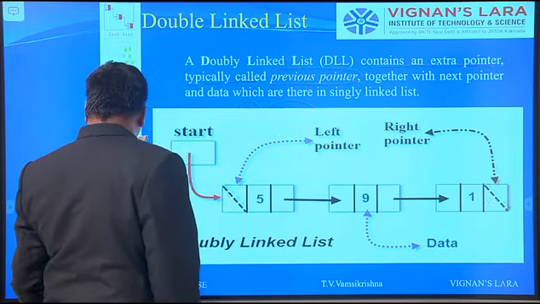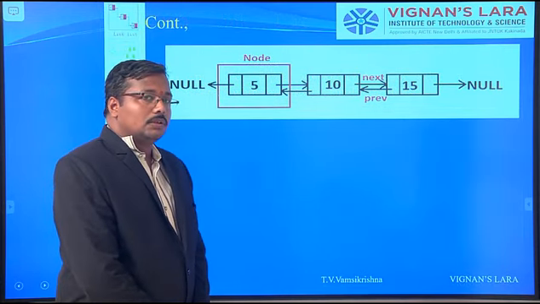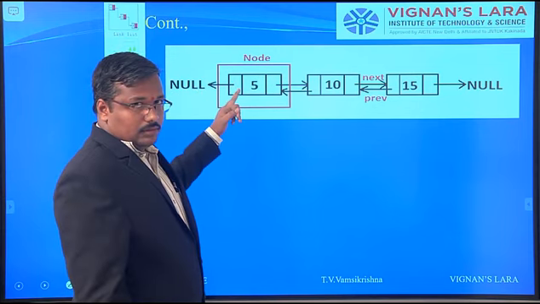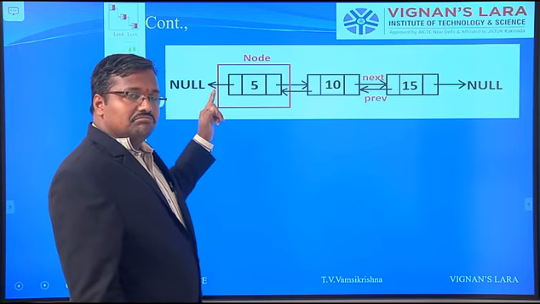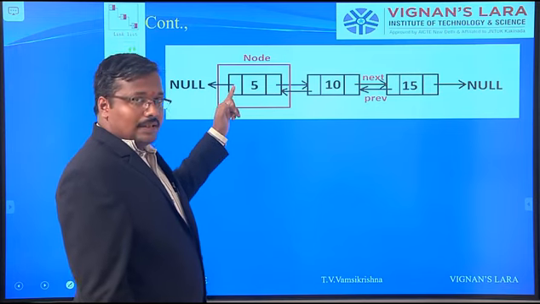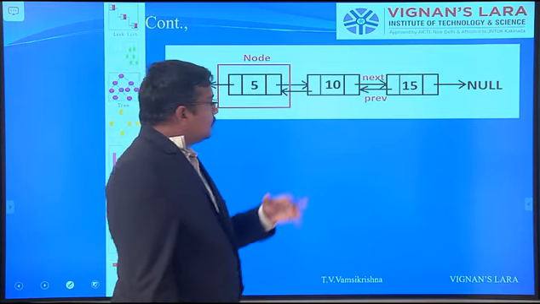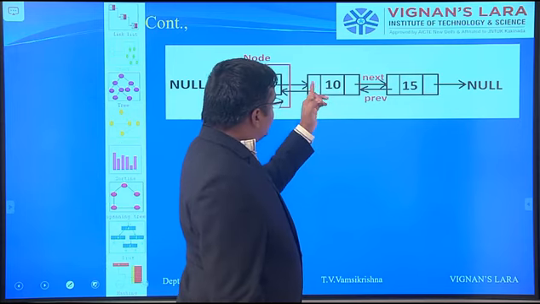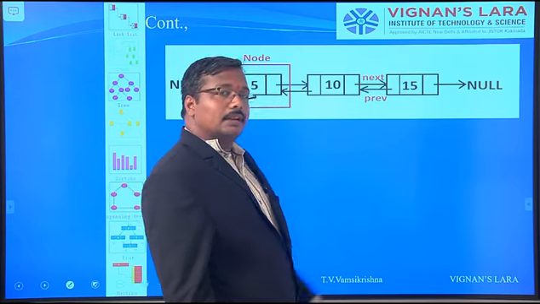One more example I will show. In this example, for the first node there is nothing before it, so it stores null. This is data and the address of the next node. By using this, we navigate to the next node. Here the previous node address is there, so if we want to move in this direction, you can go in this direction.